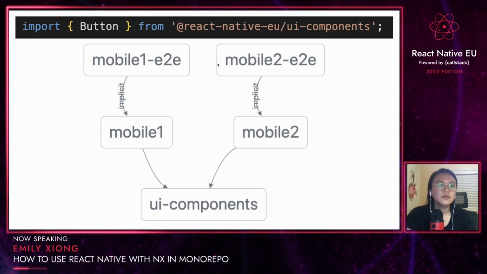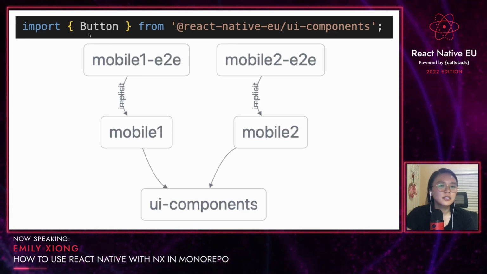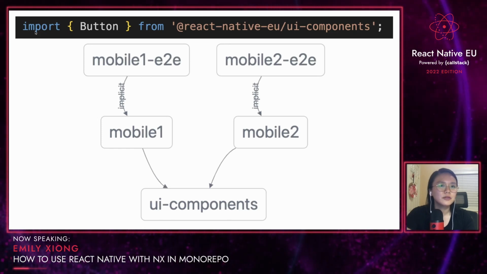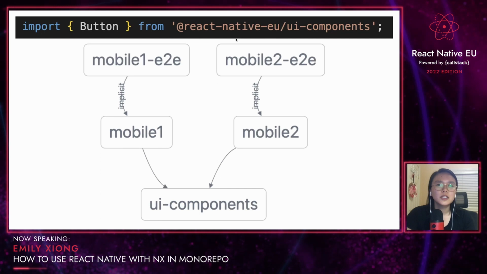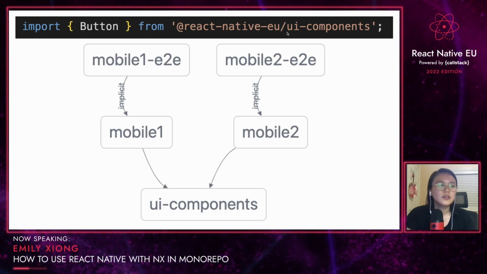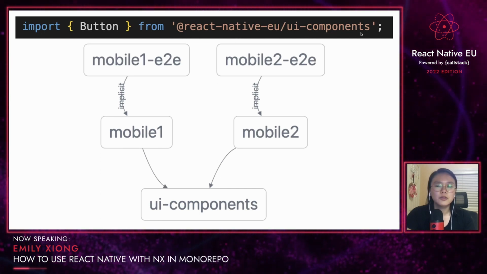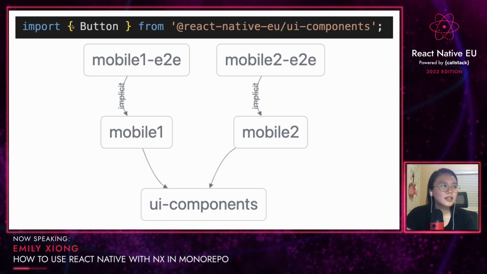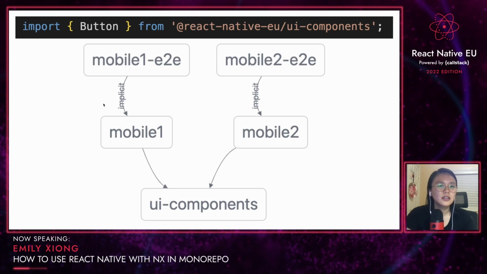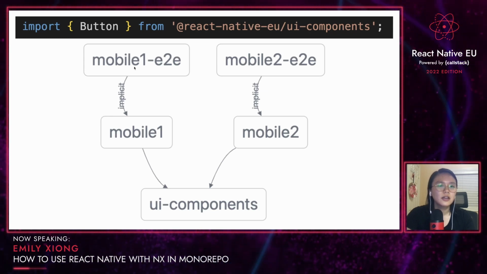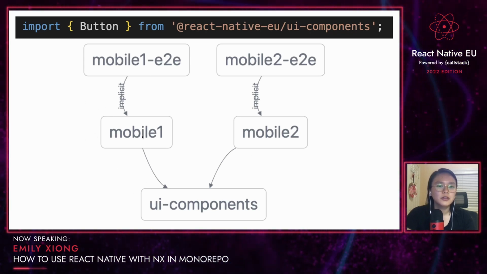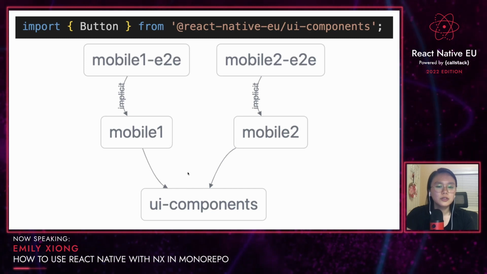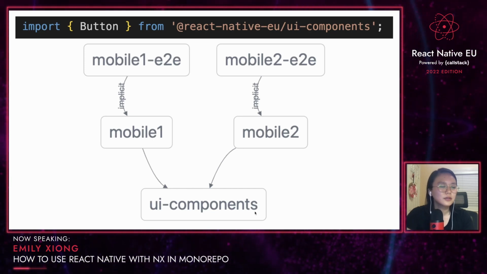I can use this button component anywhere inside my mobile1 and mobile2 using this import statement: import Button from the workspace name, @react-native-eu, followed by the library name, ui-components. If I use this import inside my mobile1 application and mobile2 application, and I run the dependency graph again, I will see something like this, where mobile1 and mobile2 both import from the ui-components library.